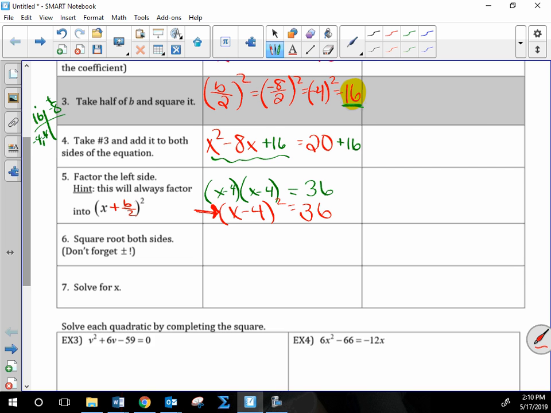So, if you remember this, awesome. You can just do that shortcut, or you can factor it. This is our b over 2 value. If we look up here, our b over 2 value is the value before we squared it, which is just negative 4. Oh, x minus 4 squared. So, if you remember this, this is always going to factor into x plus that quantity squared.